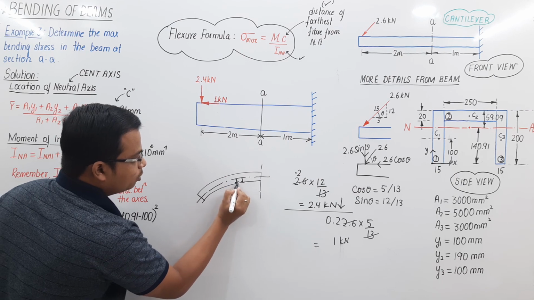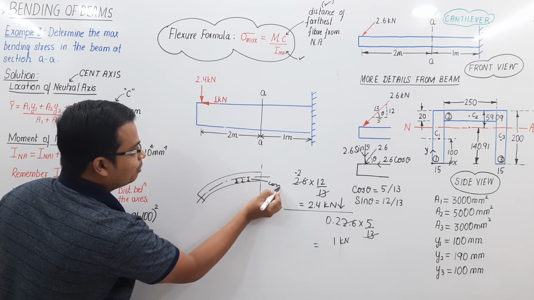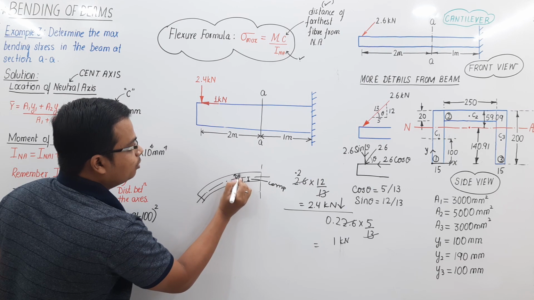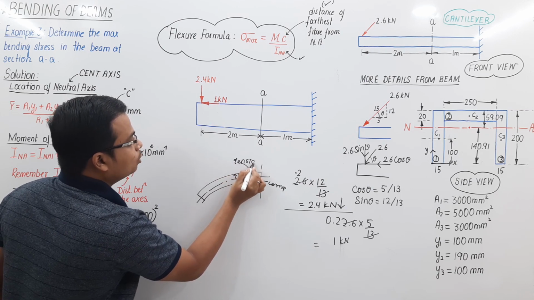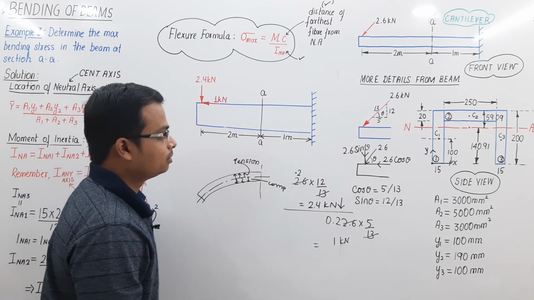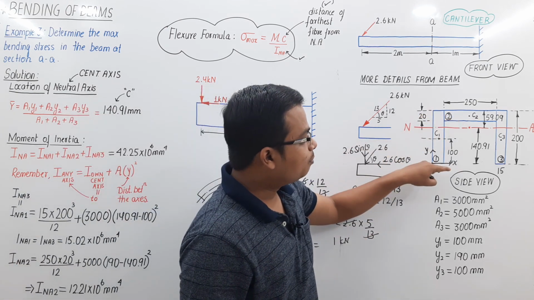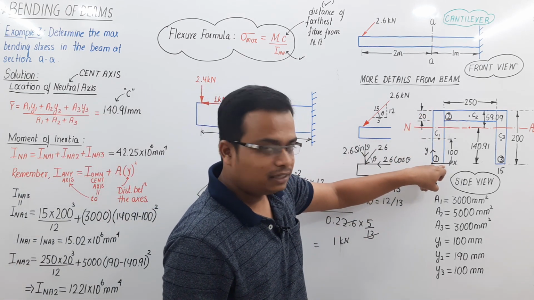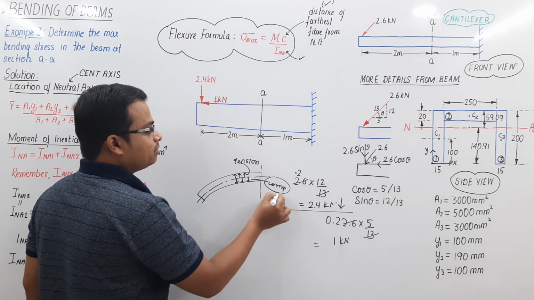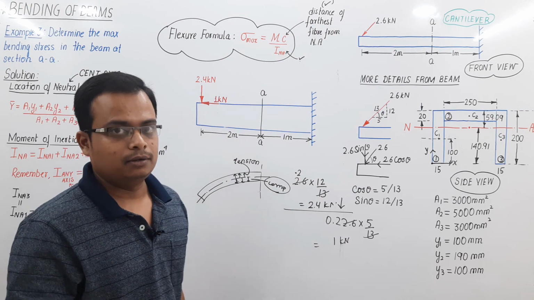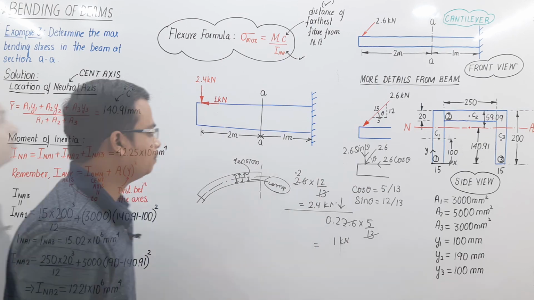All the fibers below the neutral plane are going to undergo compression. All the fibers above the neutral plane are going to undergo tension. So the maximum bending stress is at a point below the neutral axis, and therefore it is going to happen in compression.